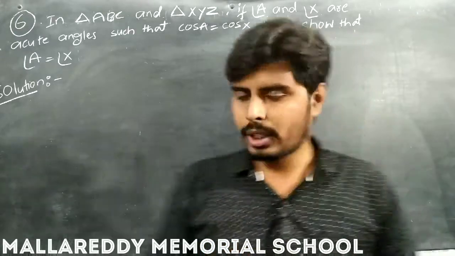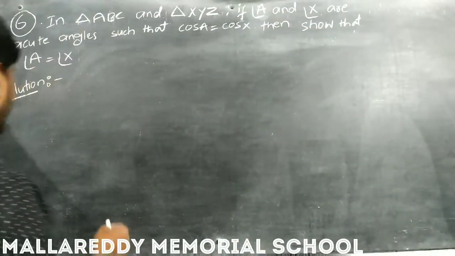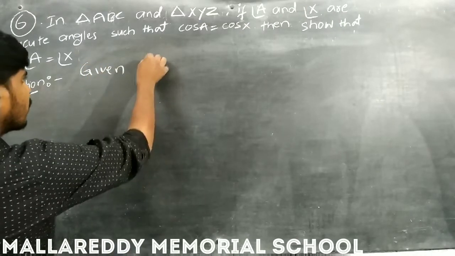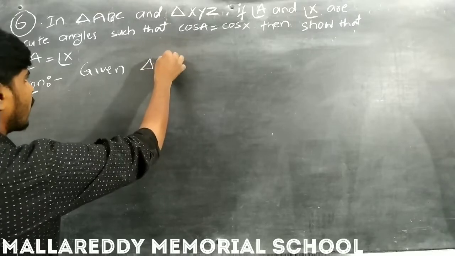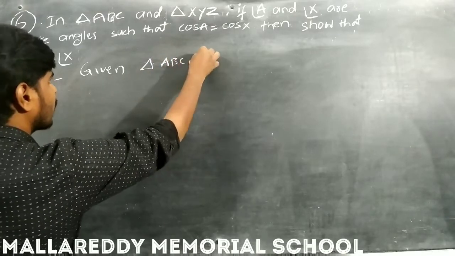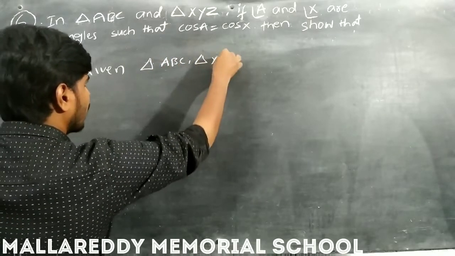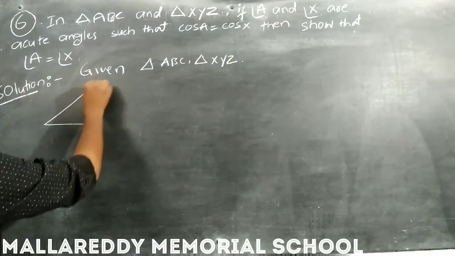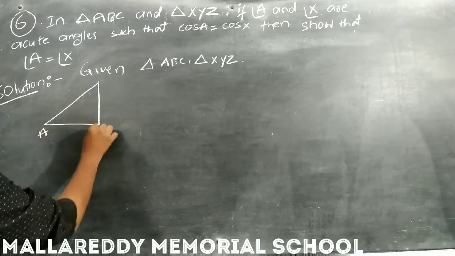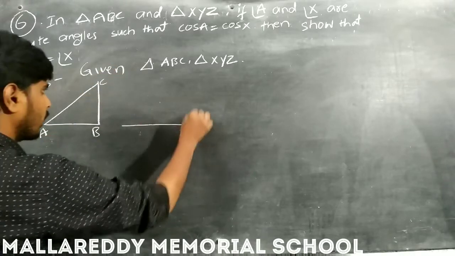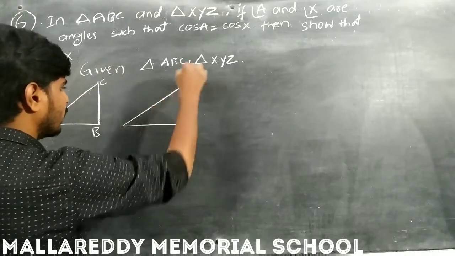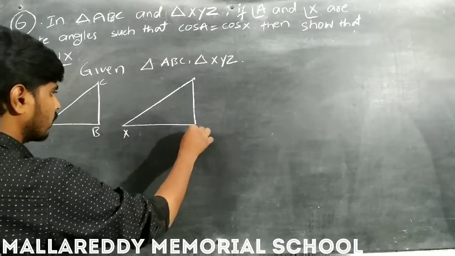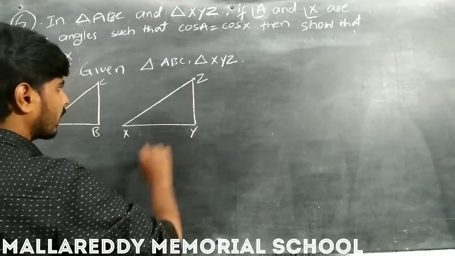Okay, look at the board first. So what is given? Given triangle ABC and triangle XYZ. I am taking two right angle triangles: ABC one right angle triangle and XYZ one more right angle triangle.